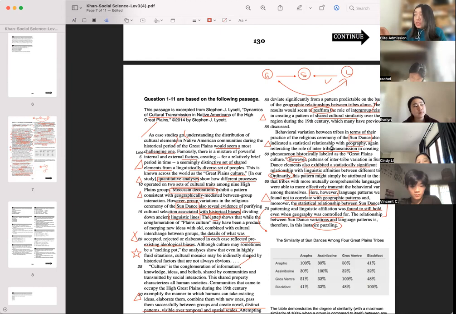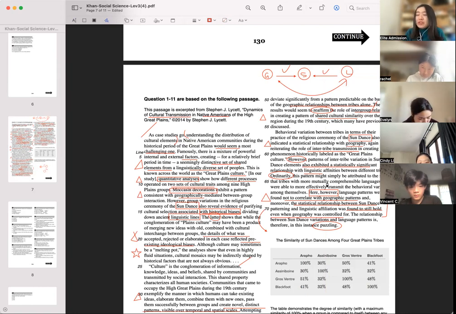They have statistical relationships, so that is being proven. But what is interesting here is that it's not the only factor. Linguistic is also a factor. But what is even more interesting is that linguistic factors have nothing to do with geography. So that's what that means. They don't have a relationship when you consider the linguistic factor.